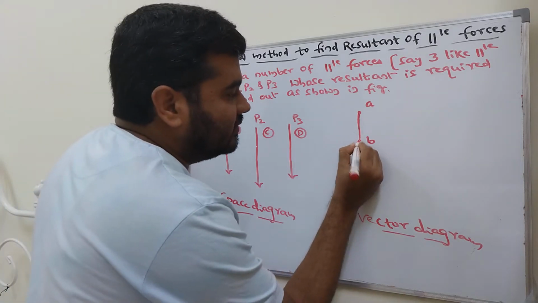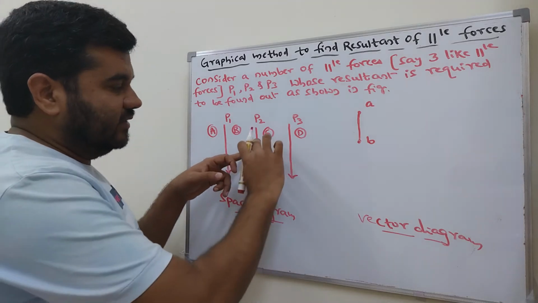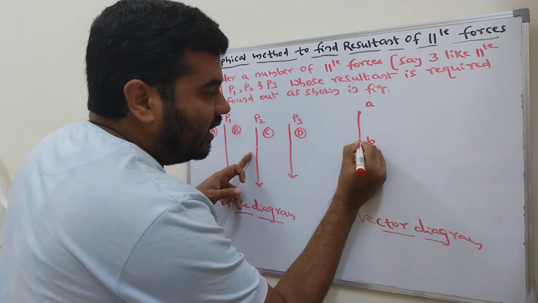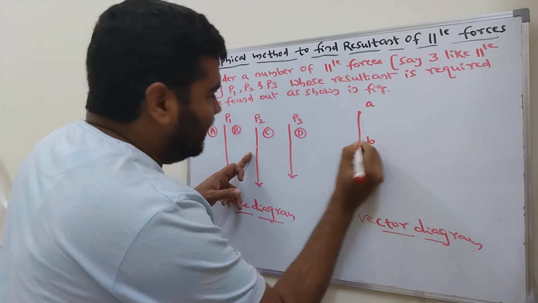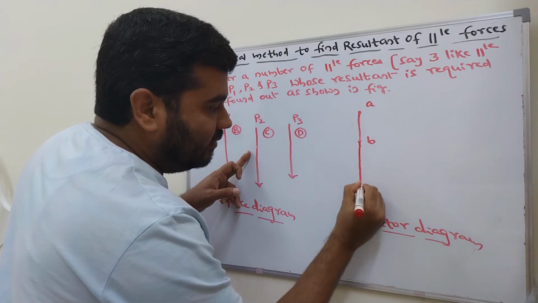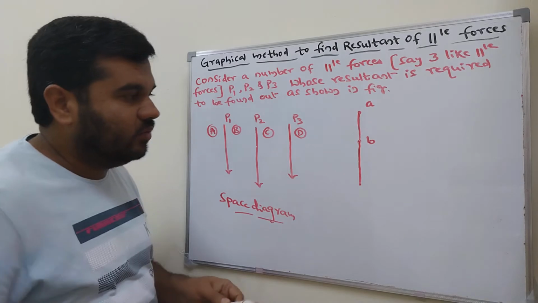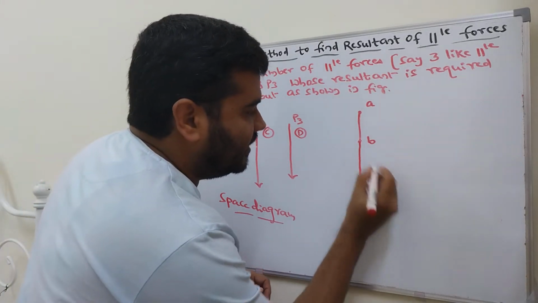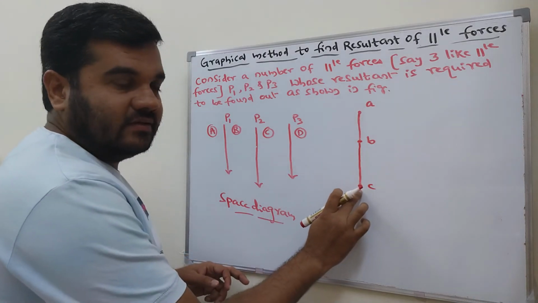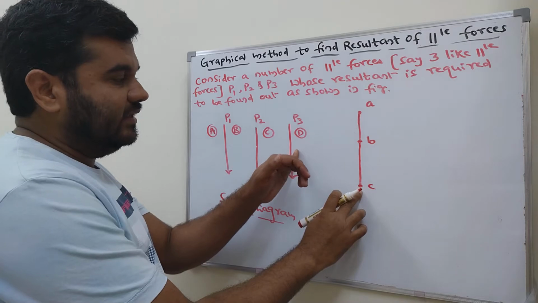Now start with B and come to the second force. Again convert it to scale. From point B, draw a line parallel to P2 with the converted scale. This is point C. Now start with C and come to force P3.